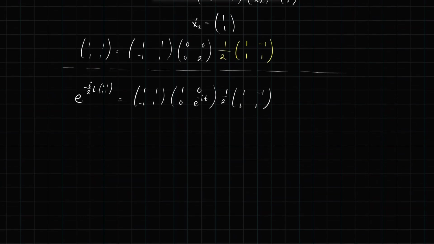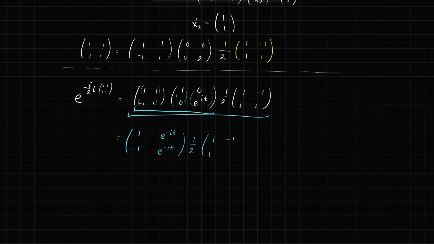If I decide to actually compute this out, I can compute that first and that second. Computing on the left gives me all rows against all columns. I have 1, e to the minus it, negative 1, and e to the minus it, against 1/2, 1, negative 1, 1, 1.